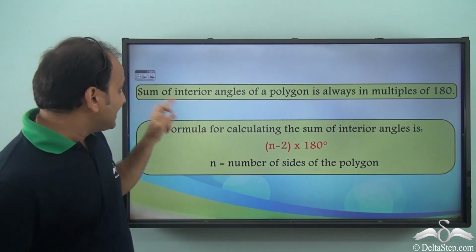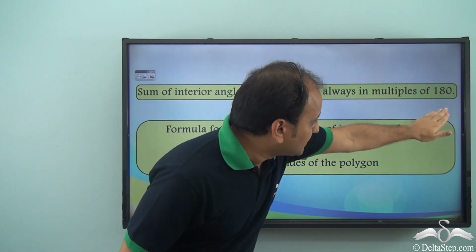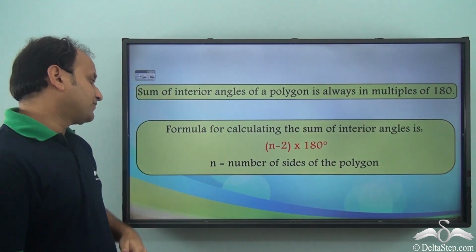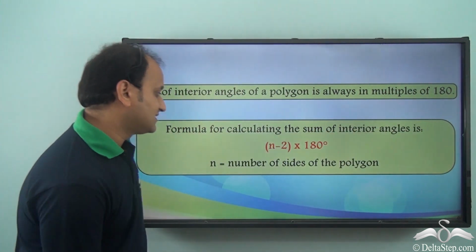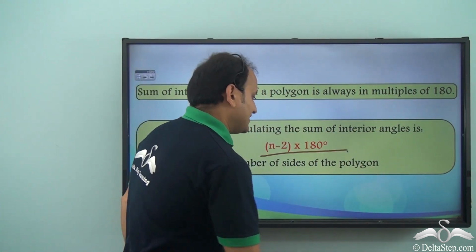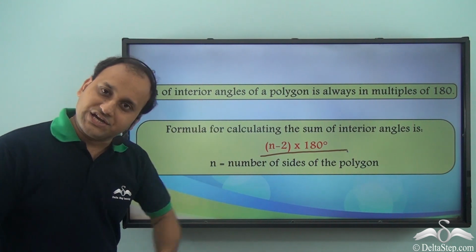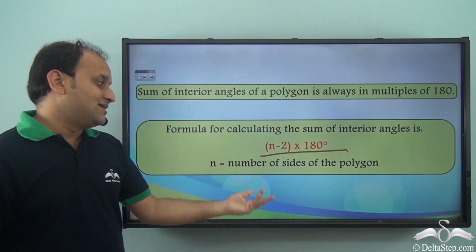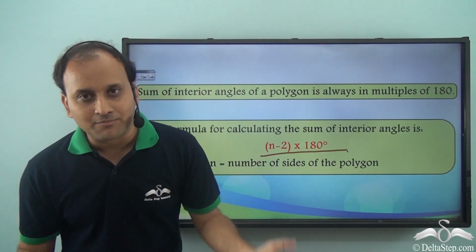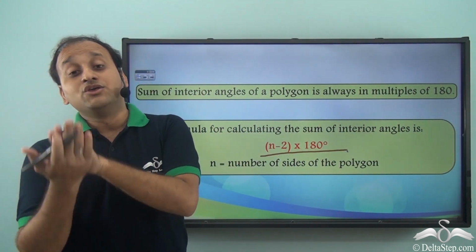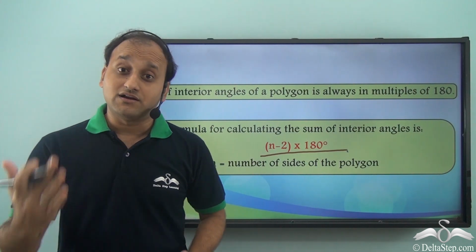So it is always in multiples of 180. So formula for calculating the sum of interior angles is n minus 2 into 180 degrees, where n is the number of sides of the polygon.